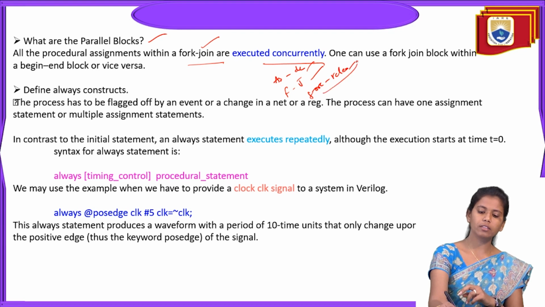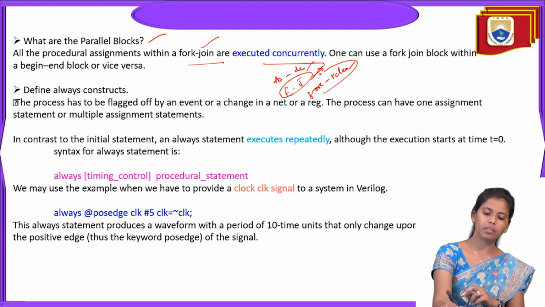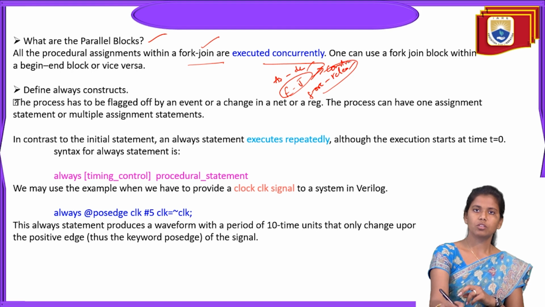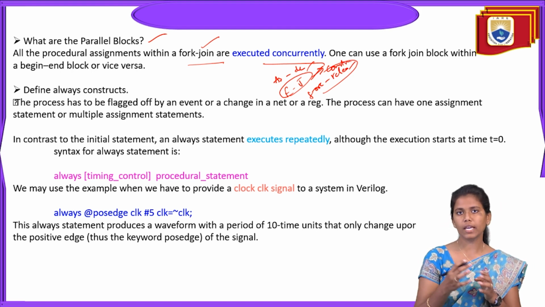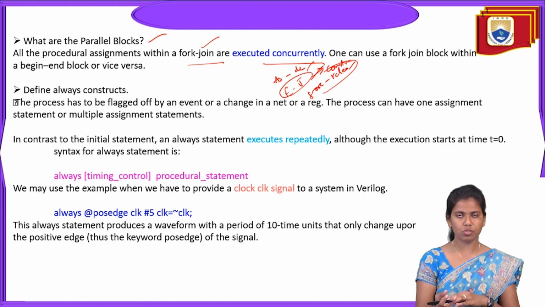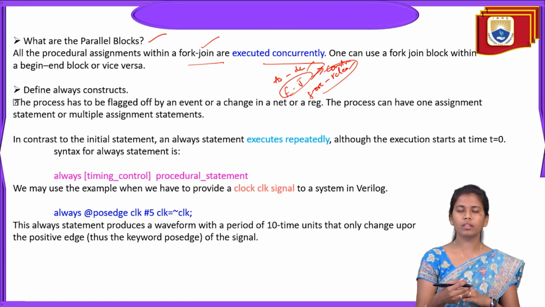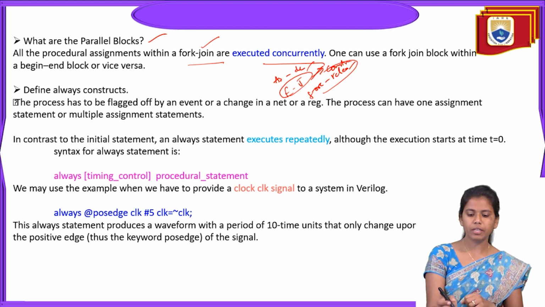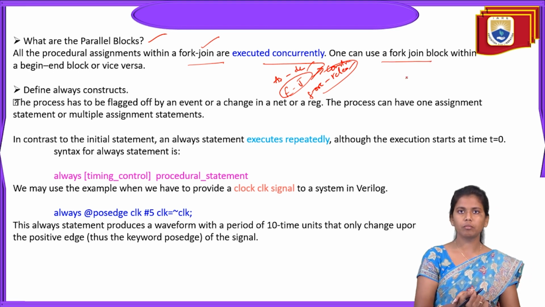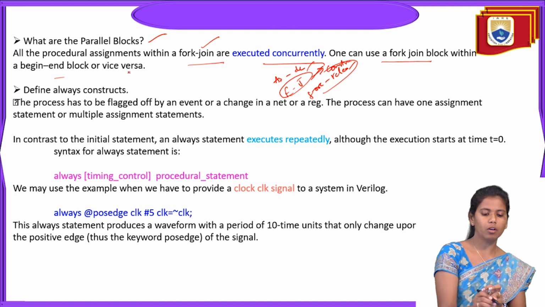So here fork and join are nothing but constructs. If your code is in terms of the fork and join construct, then all the statements are executed concurrently. That means one can use a fork join block within the begin end, or vice versa.